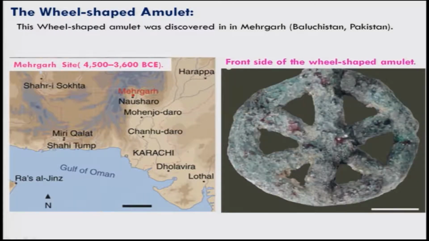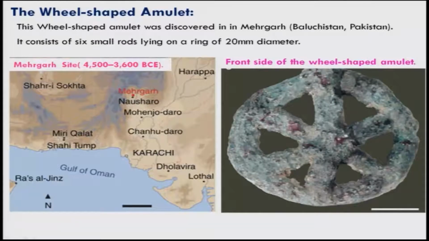This wheel shaped amulet is shown here, the front side, and you can see it is now rusted because it is made of copper. The question arises how it was made. It was made basically 6000 years back, and it consists of 6 small rods.